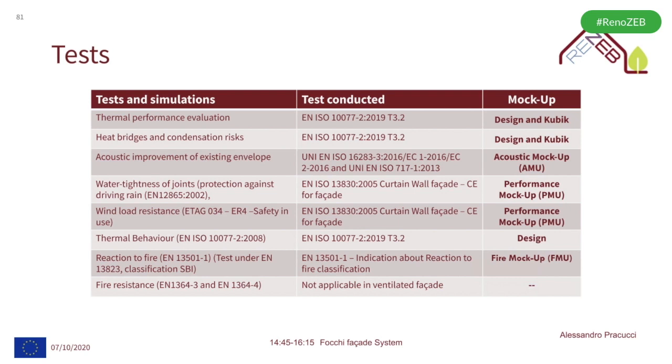Then there is the fire mockup to understand the reaction to fire classification achievable at this moment by this type of product. And then there is the fire resistance test. We have not applied it because it was not applicable to a ventilated facade.